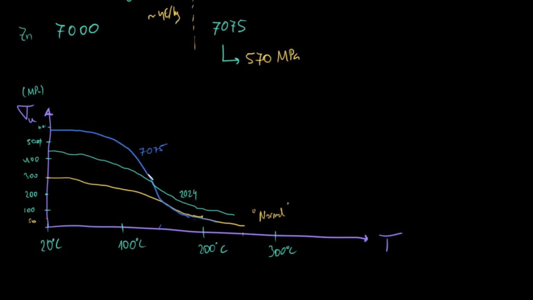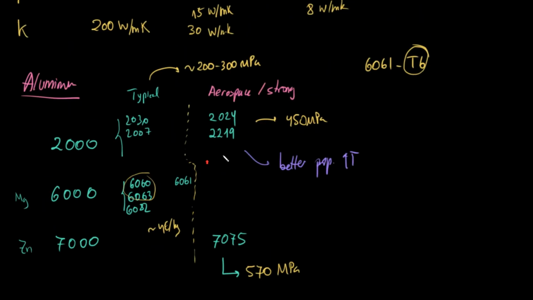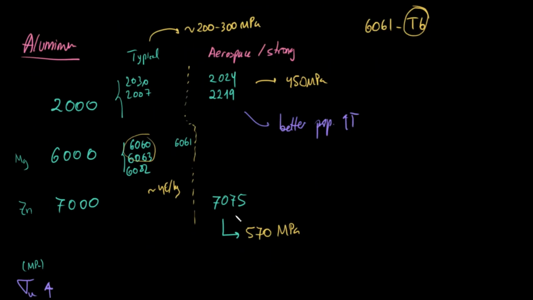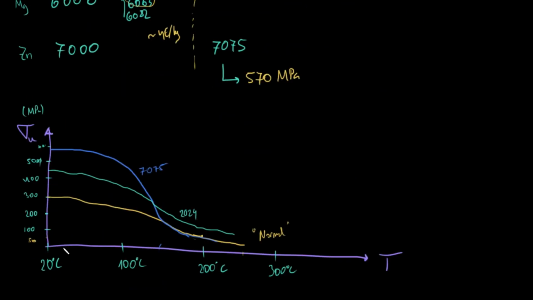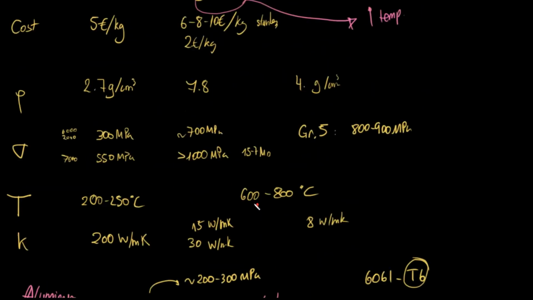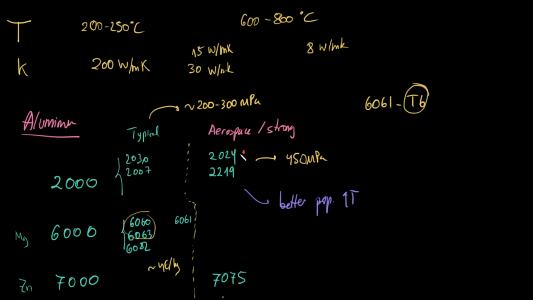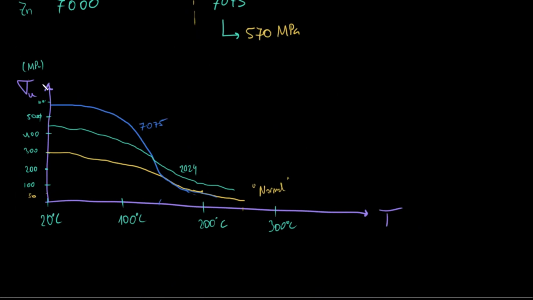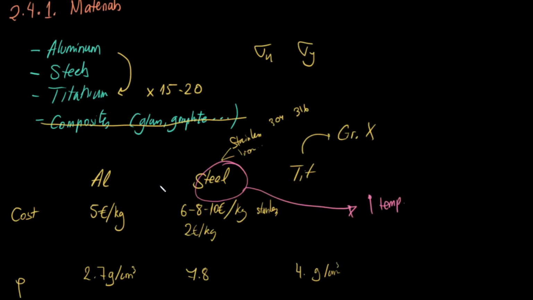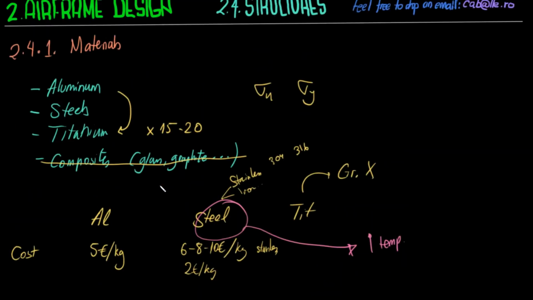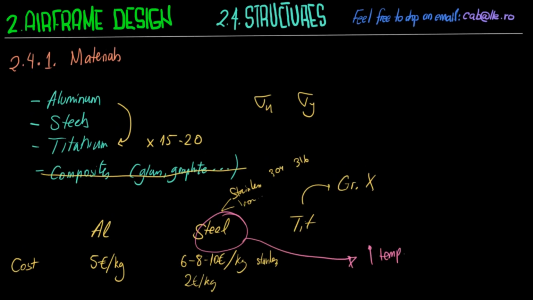Don't get too happy with these values, because this is only room temperature. You can find more data on the internet, and the same for steel. Steel also loses mechanical properties with temperature, but not as suddenly as aluminum. So that's a big disadvantage of aluminum. You just have to keep that in mind when designing the rocket.